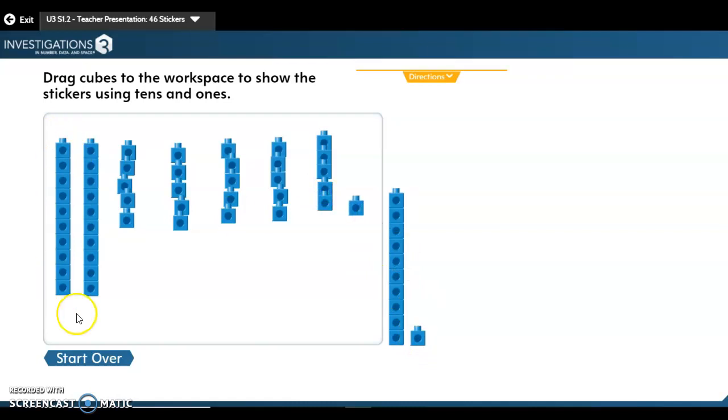So now we have 10, 20, 25, 30, 35, 40, 45 plus one more gives us 46.